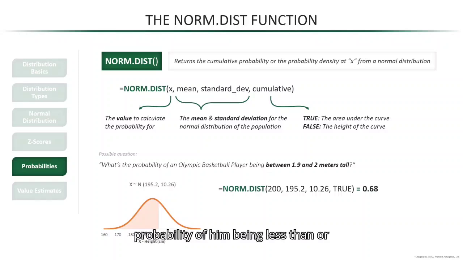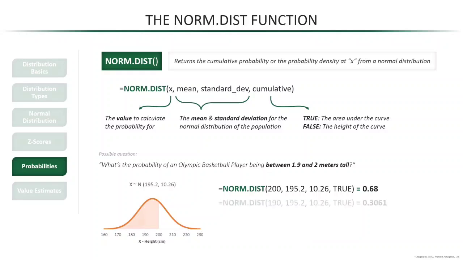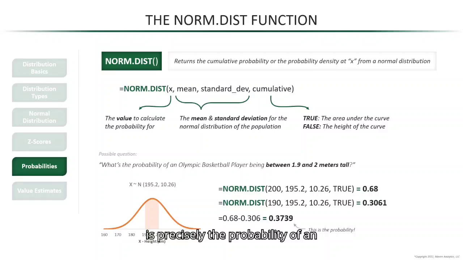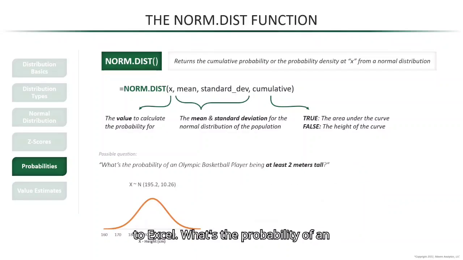Then we calculate the probability of him being less than or equal to 190 centimeters tall, which is this right here, or around 0.3061 or 30%. And then we just subtract those two values, giving us this area here. And this is precisely the probability of an Olympic basketball player being between 1.9 and 2 meters tall, so around 37.3%.